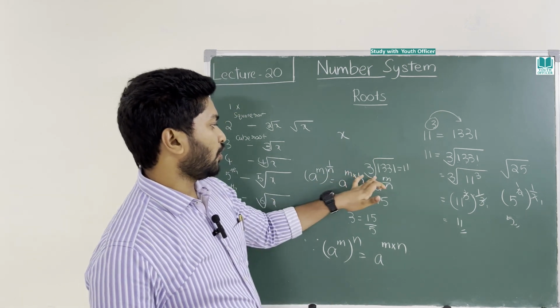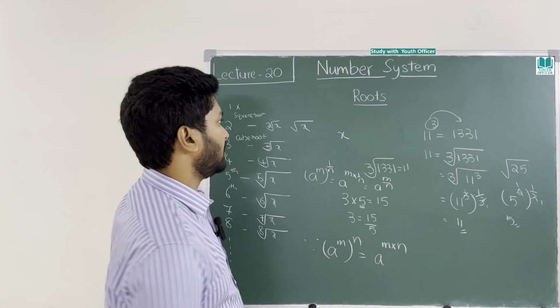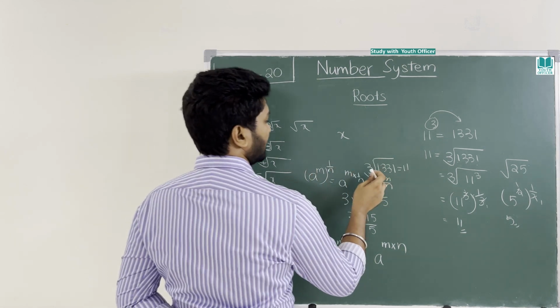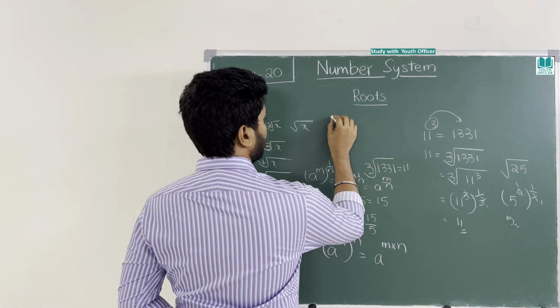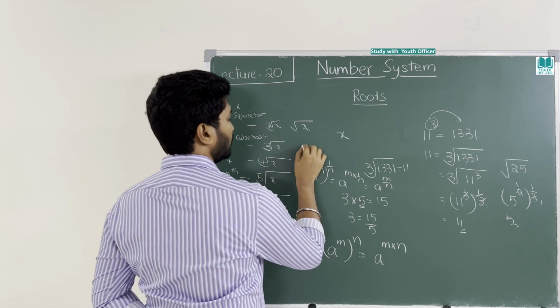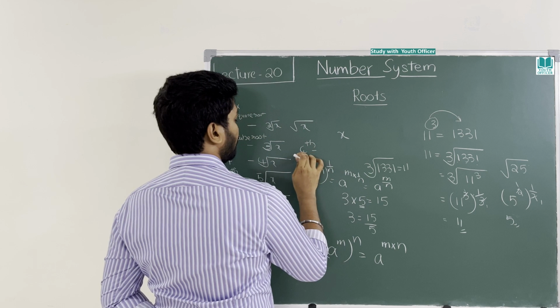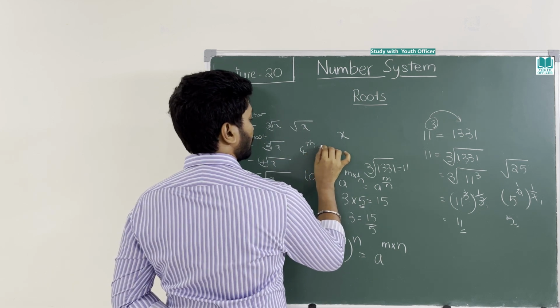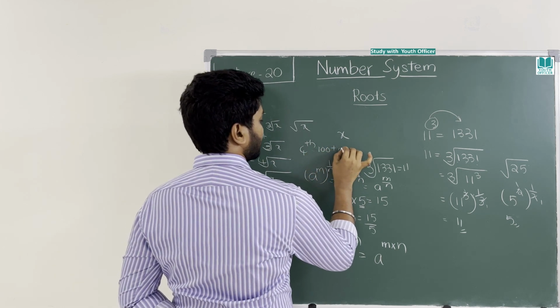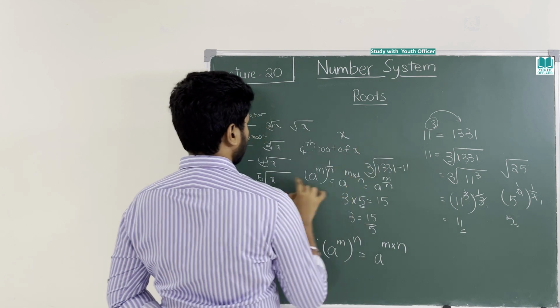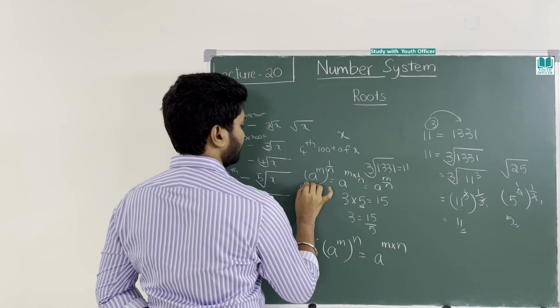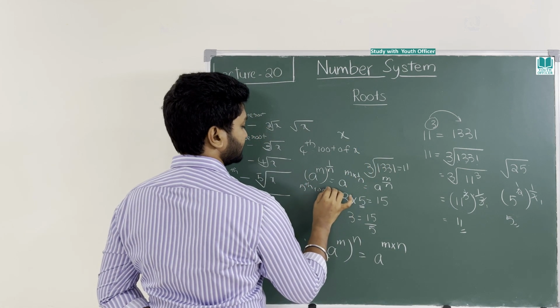How do you call this? I already told you, this is fourth root of x, because I didn't tell you the notation. This is fifth root of x.